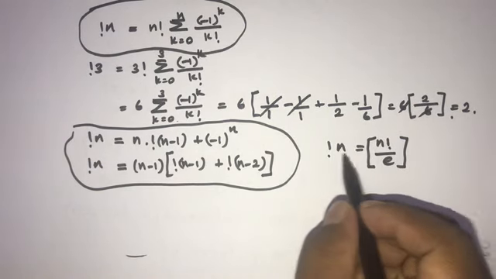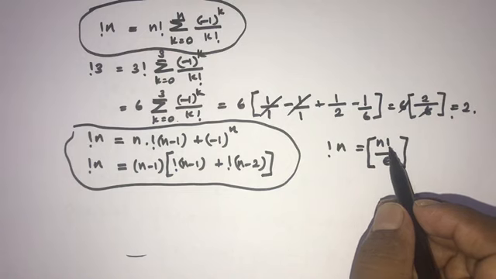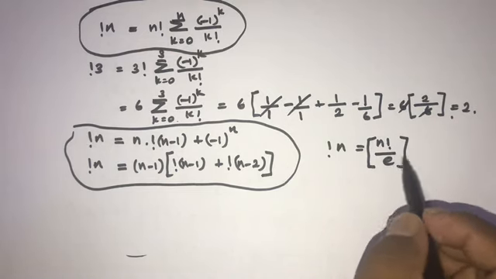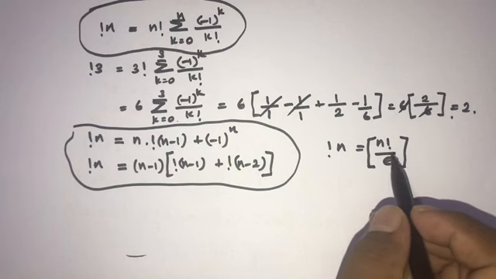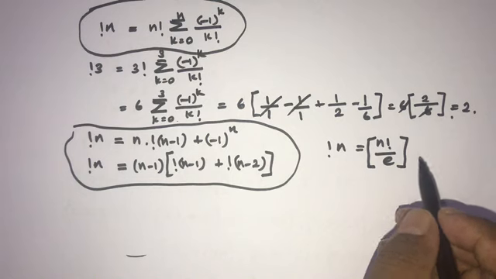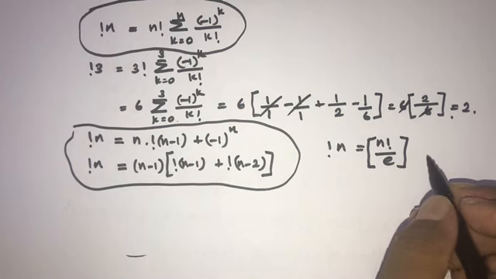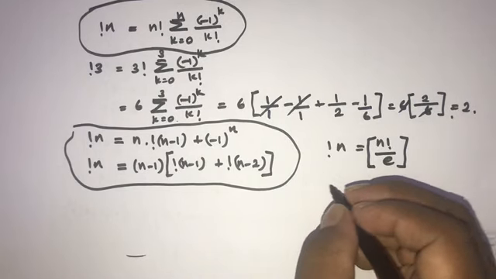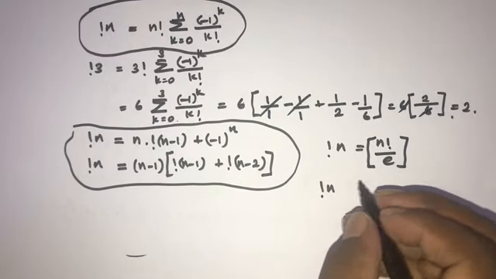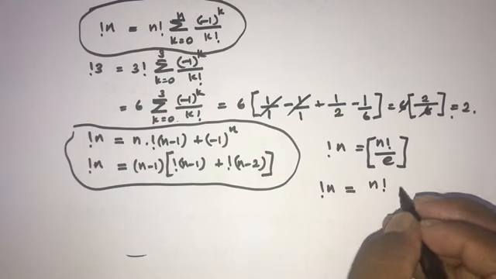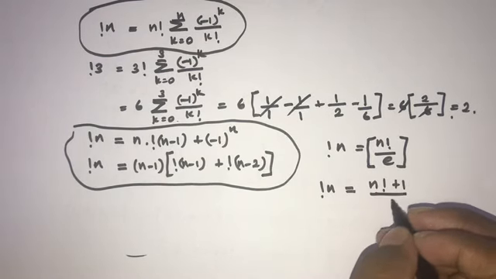Here n factorial is the usual factorial, and the brackets denote the nearest integer function, and this was found by M. Hassani in 2004.